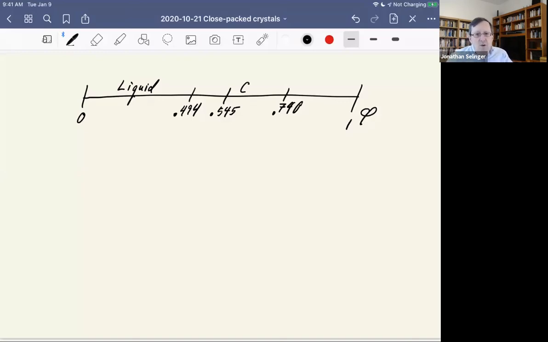So we could go back to the results of van der Waals theory and say, oh, when A equals 0, the critical temperature is 0. We're always past the critical point.